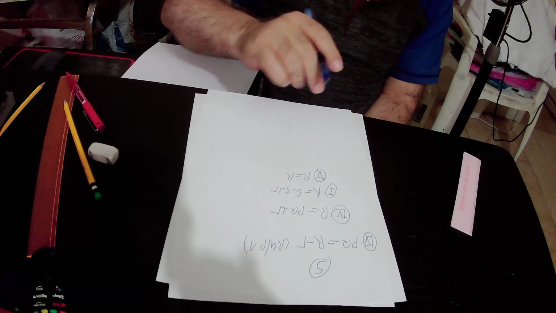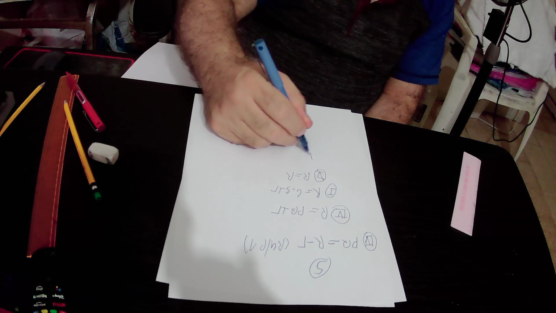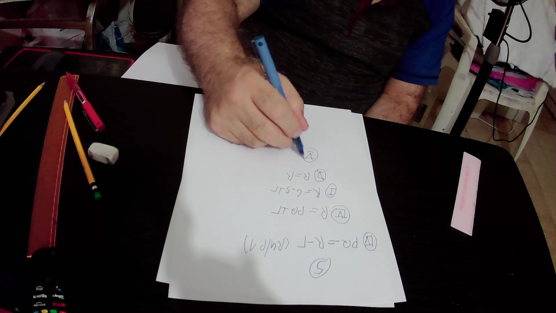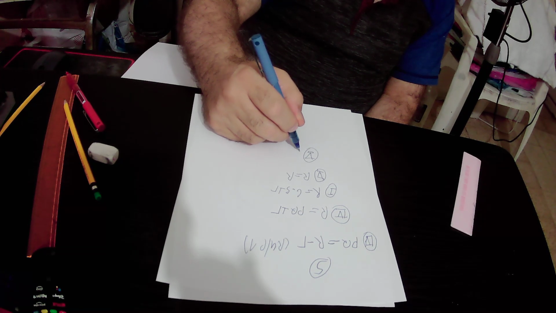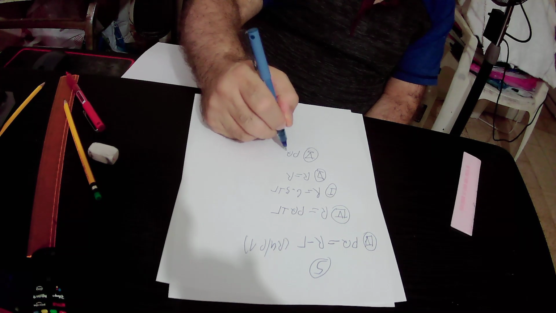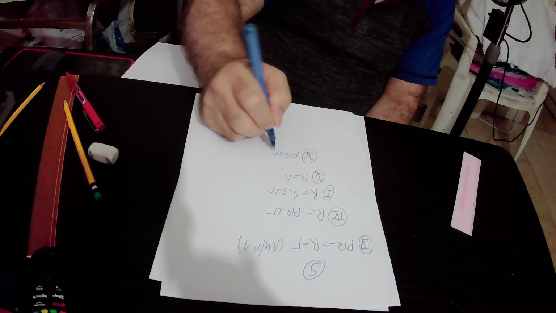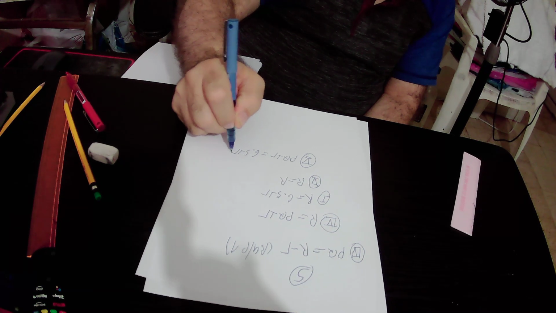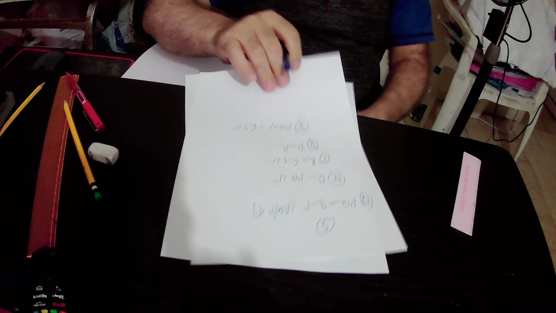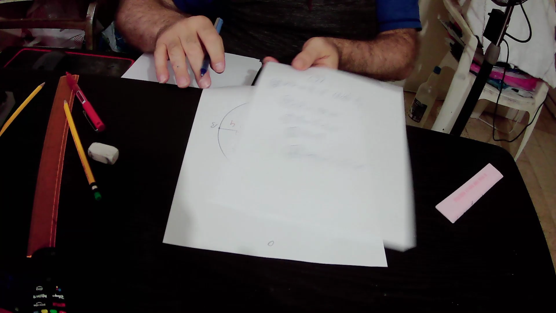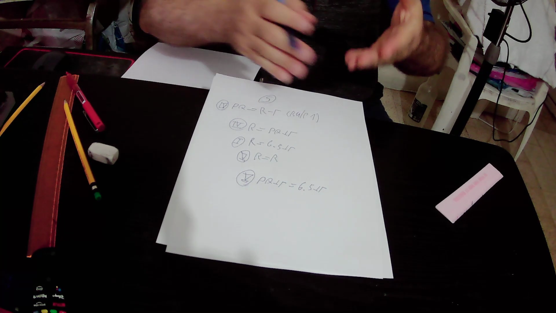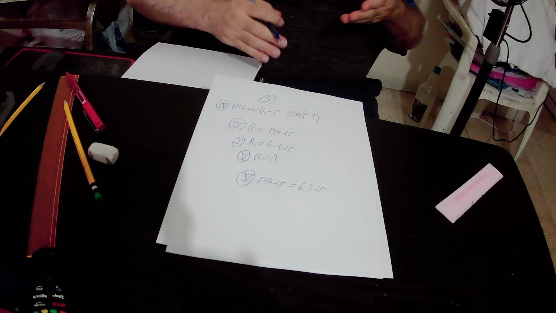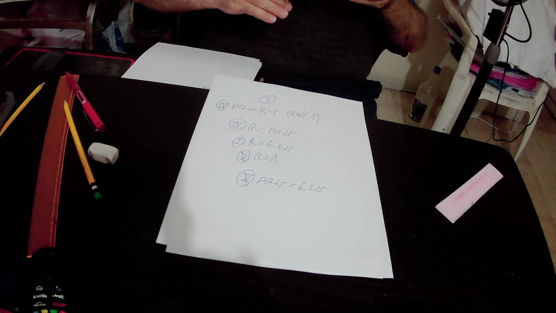According to equation number 5, PQ plus small r equals 6.5 plus small r.